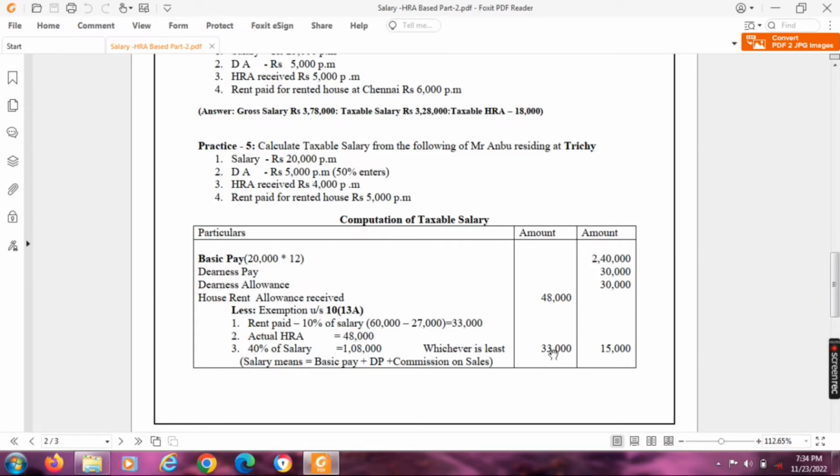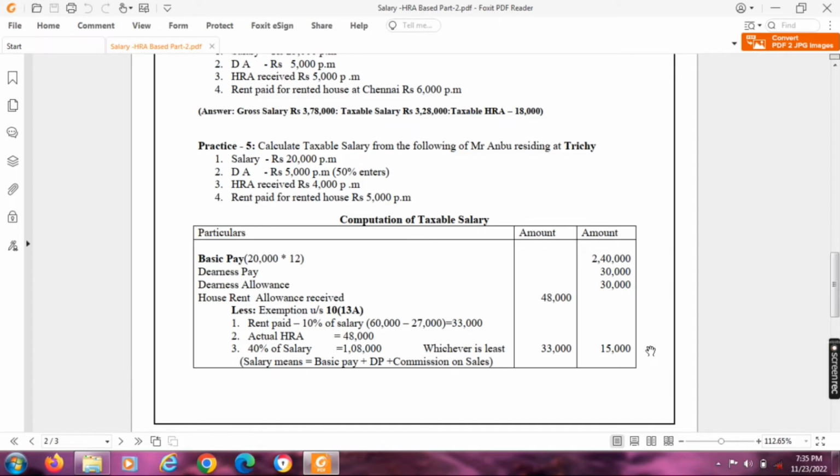Okay, now we can compute the taxable salary for this practice. Basic pay 2,40,000, dearness pay 2,500 into 12, 30,000, dearness allowance 2,500 into 12, 30,000. House rent allowance received 4,000 per month, so 48,000. Less exemption under section 10(13A). Rent paid minus 10% of salary. He paid rent 5,000 per month, so 60,000 minus 10% of salary.